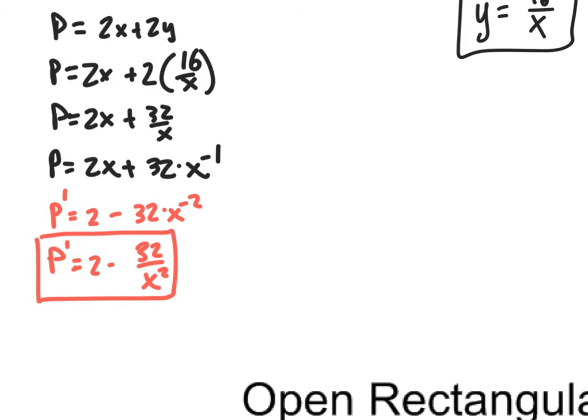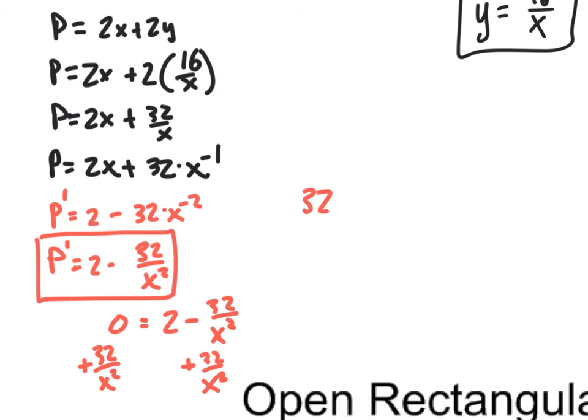So I'm going to do 0 is equal to 2 minus 32 over x squared. I'm going to add 32 over x squared to both sides, and so I get 32 over x squared is equal to 2.